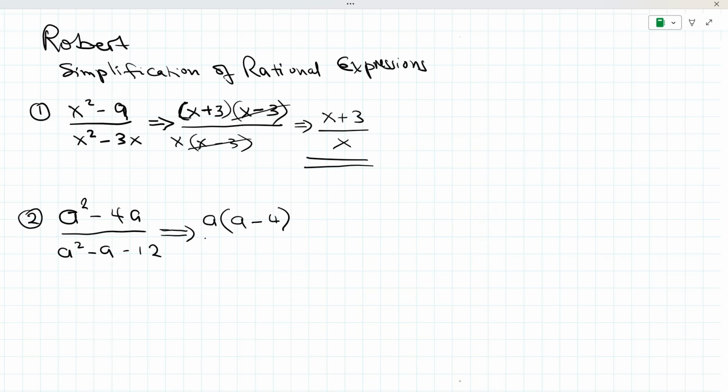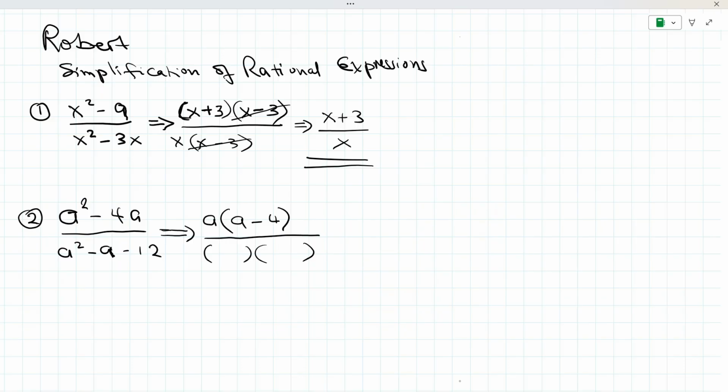And then we look at the bottom expression. So here, we have to factorize a squared minus a minus 12. That is, we have to have two parentheses, which when multiplied together will give us back a squared minus a minus 12.